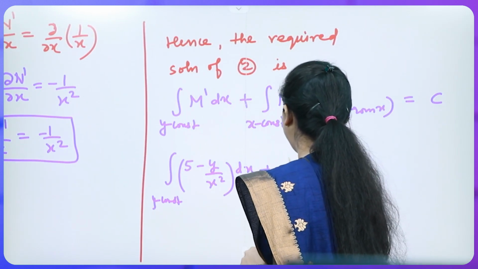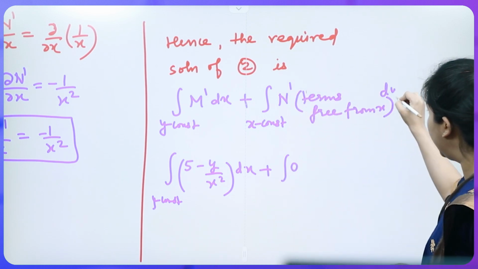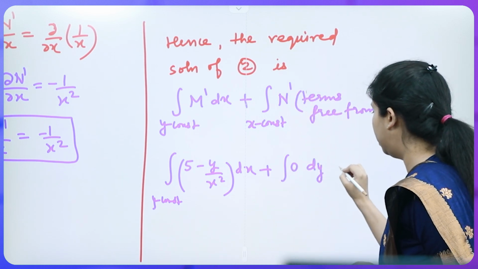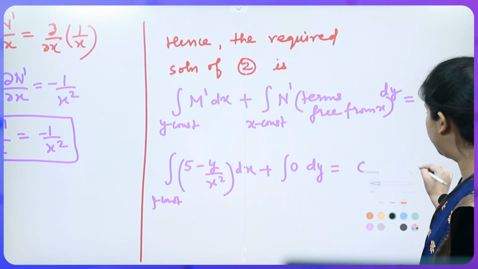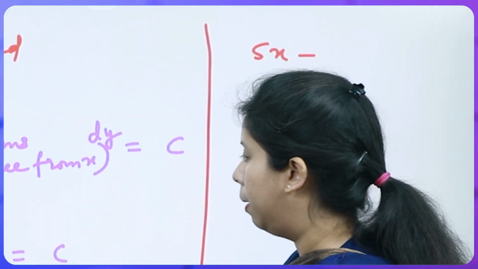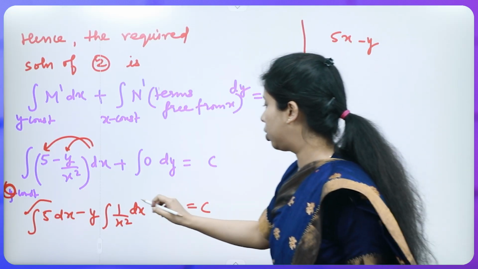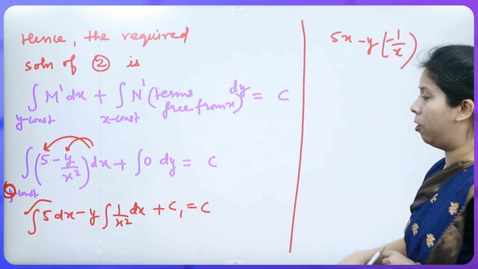So here plus integration of 0, because we do not have any term, is equal to c. Simplifying the first term with respect to x, we will have 5x as the first term minus y times the integration of 1 upon x square, which will give us minus 1 upon x with the help of the power rule, plus c1.